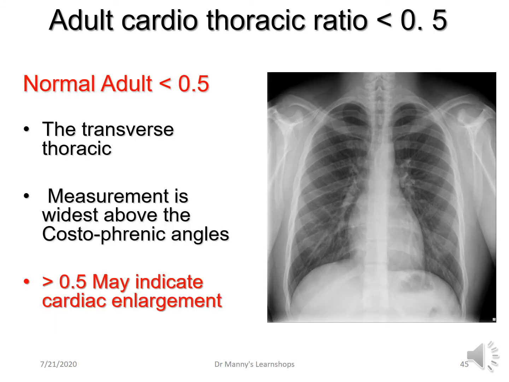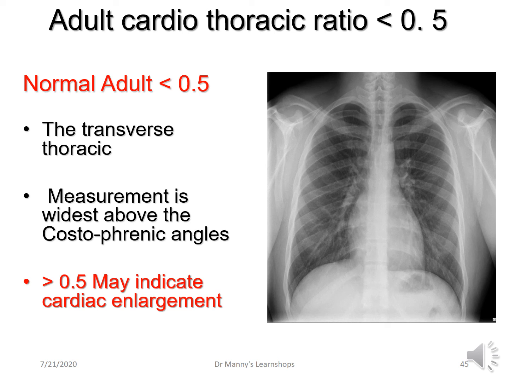The normal adult cardiothoracic ratio is less than 0.5, which basically means the heart silhouette is not allowed to be more than half the size of the thorax in total. So a normal adult has a cardiothoracic ratio of less than or equal to 0.5.